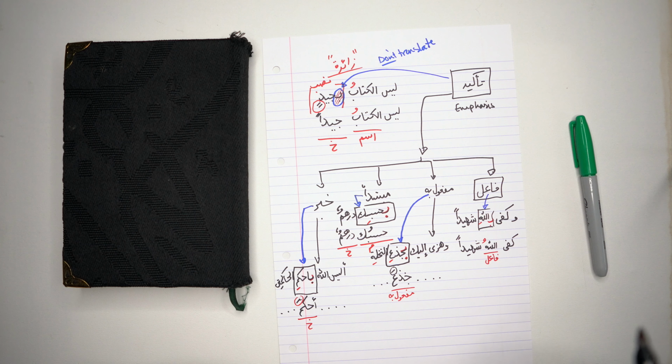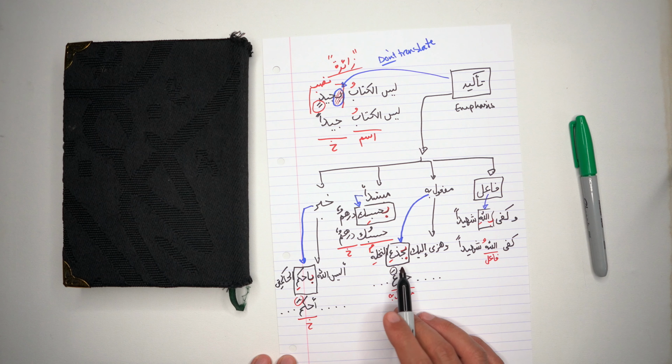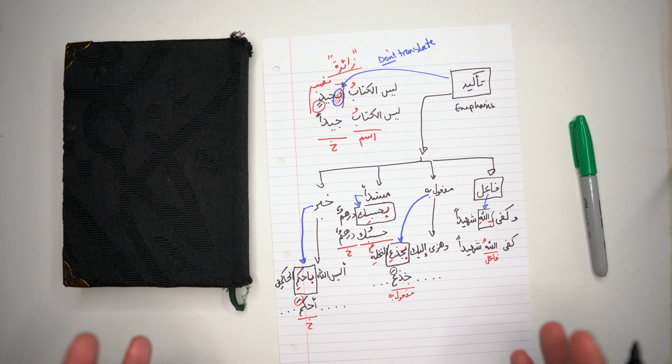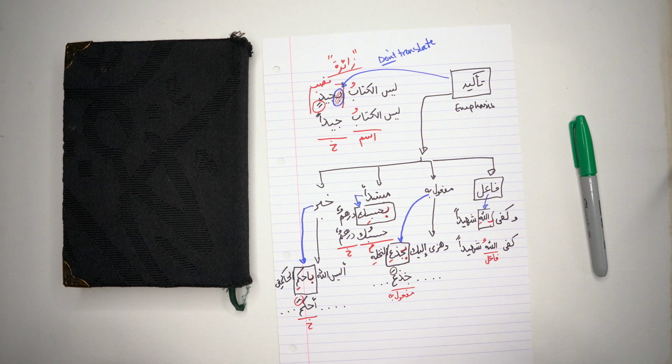She's pregnant, but she's been commanded to shake the date palm trunk, which emphasizes to her the importance of this, because she might be thinking to herself, I'm pregnant, I'm giving birth, why would I need to shake a date palm? It doesn't make sense to me. وَهُزِّ إِلَيْكِ بِجِدٍ, and when she shook it, Allah made fresh dates fall down, and this helped to ease her pain as well.